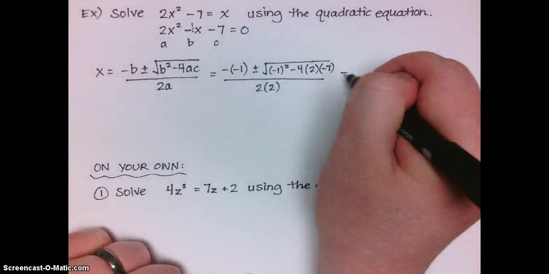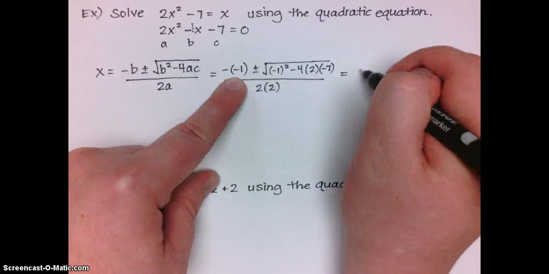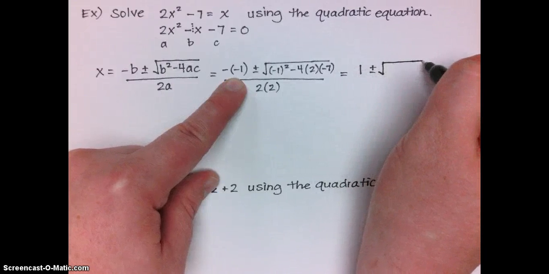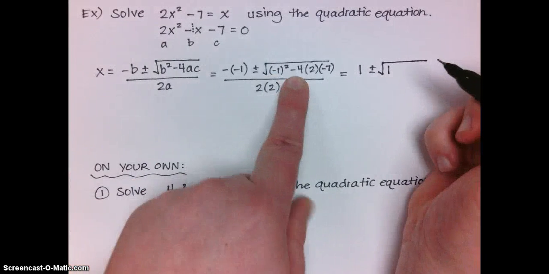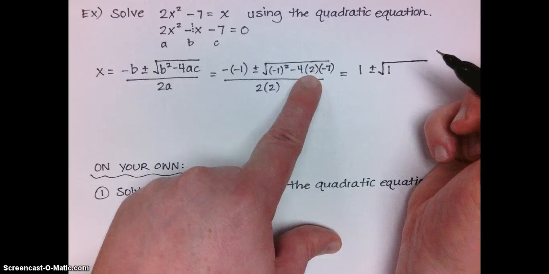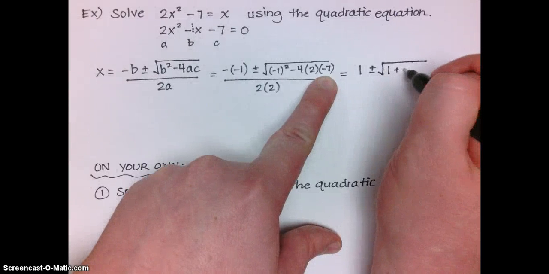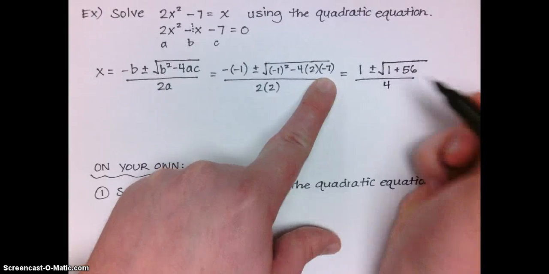Now we have it plugged in, let's simplify. Negative turns into just positive 1, plus or minus the square root of negative 1 squared is just 1. Negative 4 times 2 is negative 8, and negative 8 times negative 7 is positive 56. All of that divided by 4.